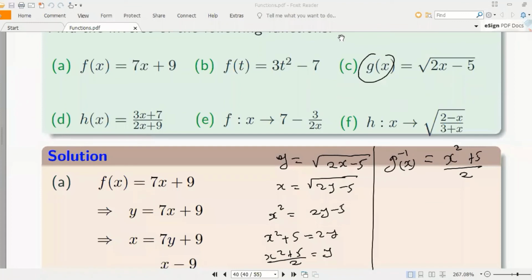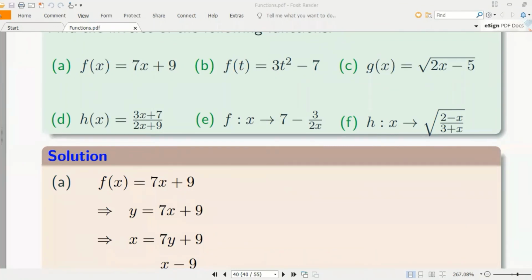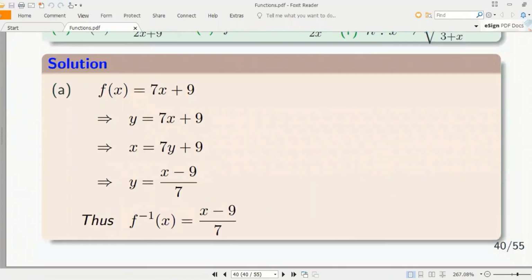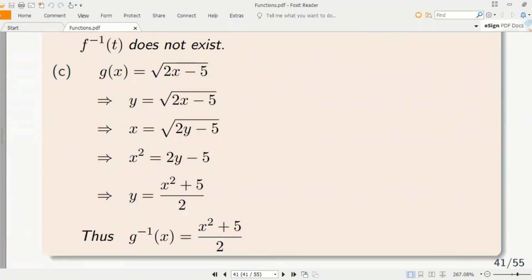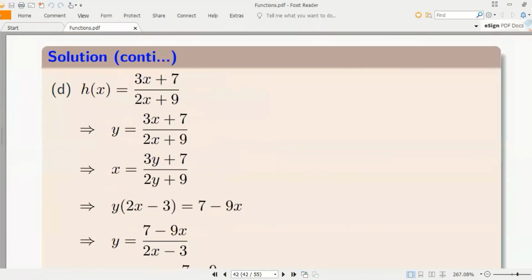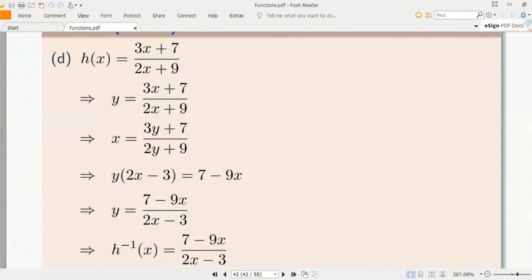So you will do that and compare your results with mine. Let me show you my working for the rest of the questions. For question C, my working is here. Then question D, working is here. Just follow, do yours first, and then compare with mine.